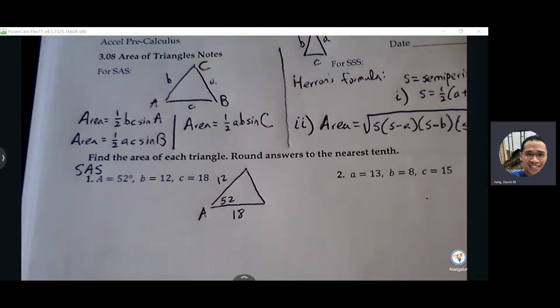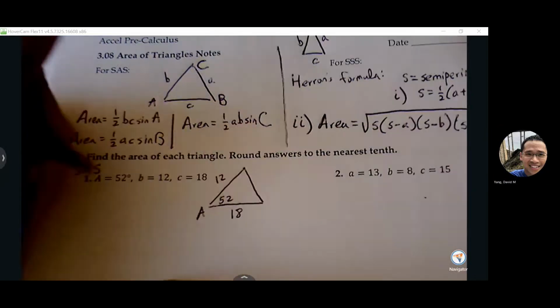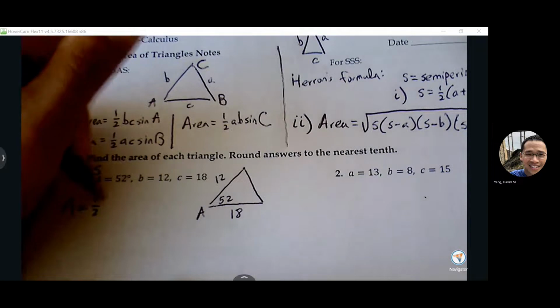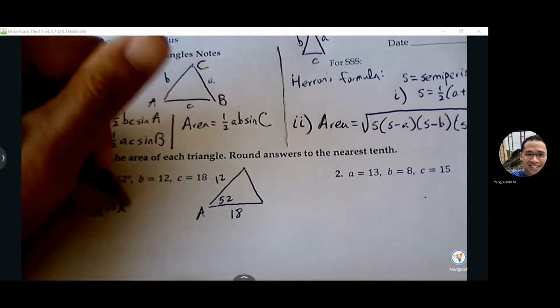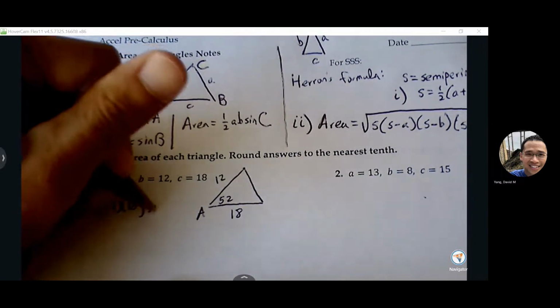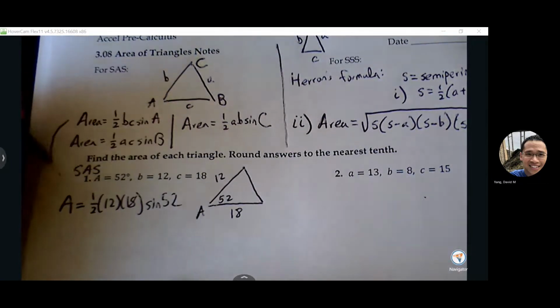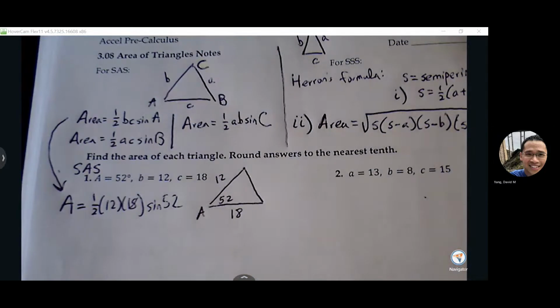So 1/2 BC times sine A, and all that just goes in your calculator.